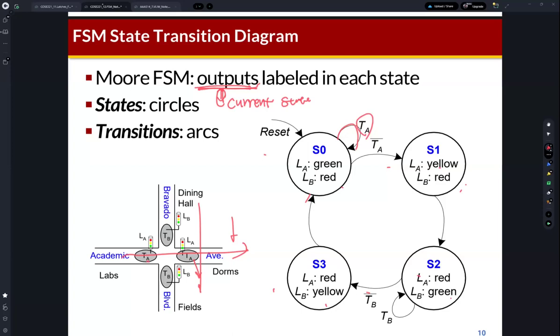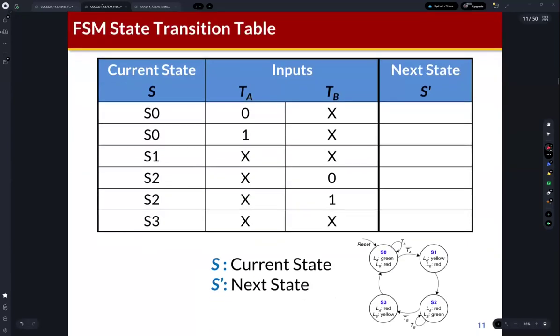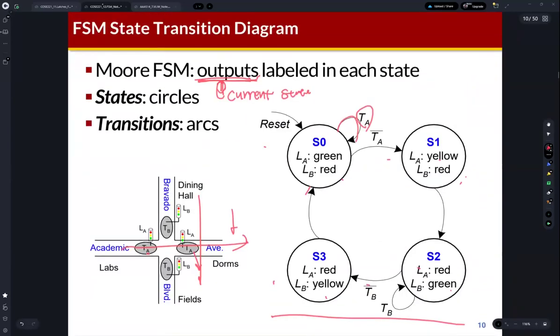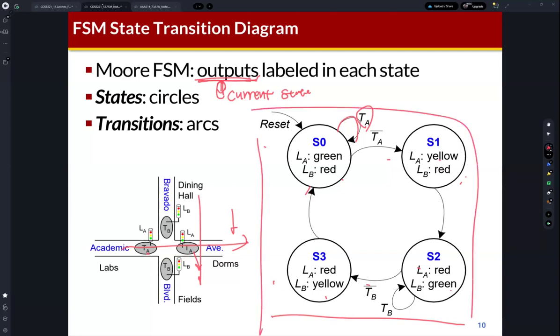Okay, so this is the state transition diagram. And then based on this state transition diagram, we can make a state transition table and output table of this Moore FSM. So we define the system, and then the next step is design. So we need to design logic.